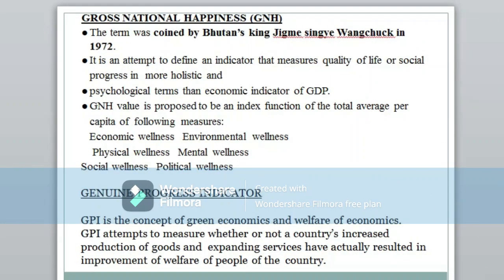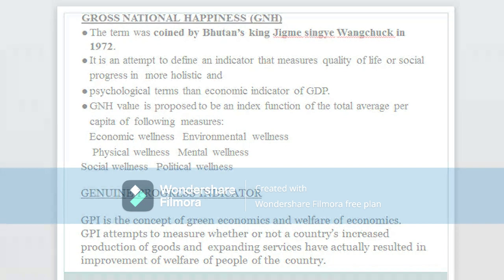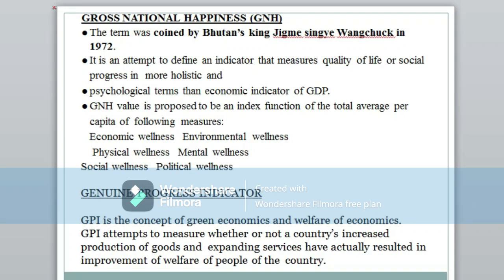Moving ahead, now we will look at a very important index. So, Gross National Happiness index, where does it come into effect? Bhutan's king Jigme Singye Wangchuck in 1972, in the time of Indira Gandhi's government in India, 1972.